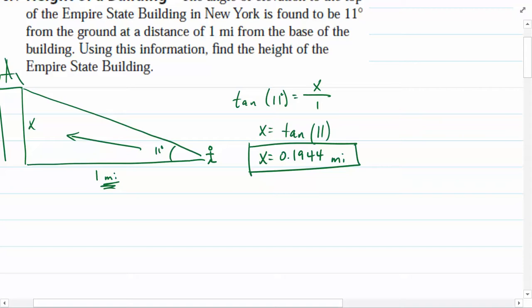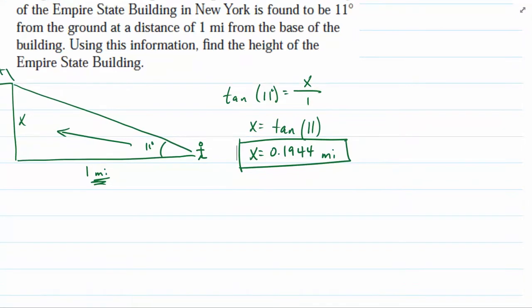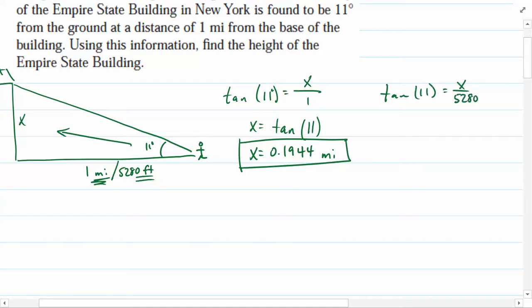Now we usually don't measure the height of buildings in miles, so we can convert this into feet if we'd like. If we had used the number 5,280 to represent feet out here at the beginning, then we would have used tangent of 11 degrees again equals x divided by 5,280.